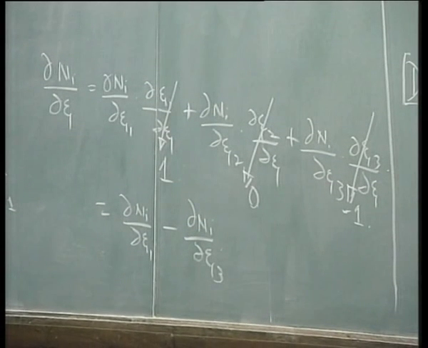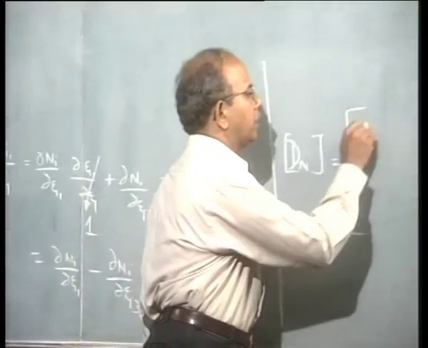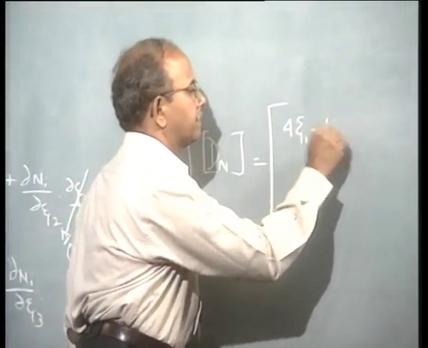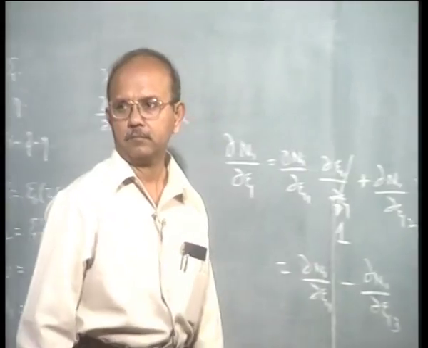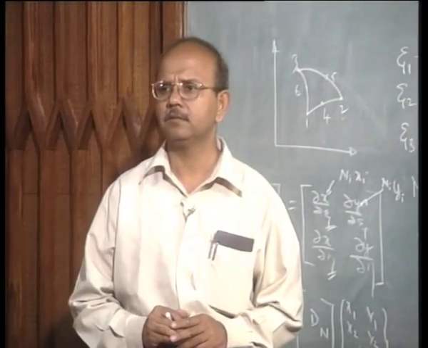The second term goes off. So for this n1, that is same as this. So that is equal to 4 psi 1 minus 1. That is all, very simple, right.